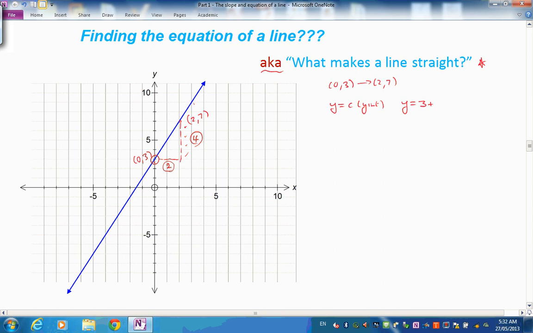If we went up by 1, we get 2. The same ratio, the same gradient. Every time we go up by 1, we go up by 2. So we will get the x value and times it by 2, because the slope was 2. Y-step over x-step was 2, or 4 to 2, which cancels down to 2.